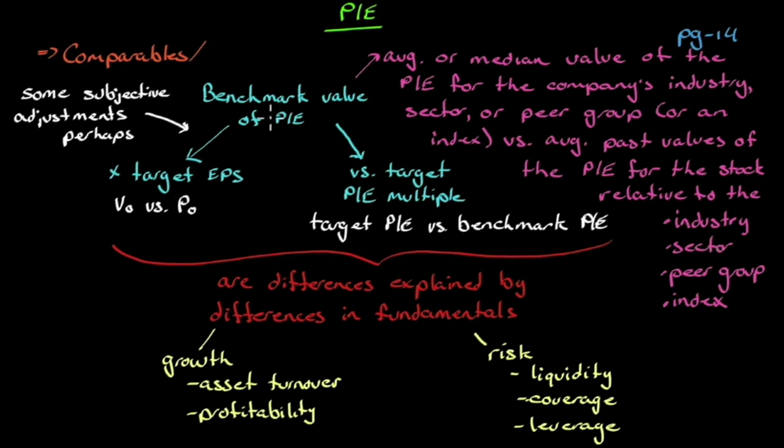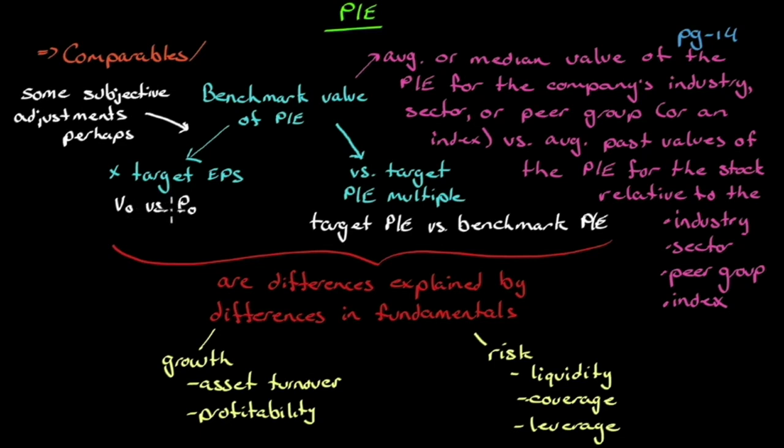So when we have the benchmark value of the PE, we can take that benchmark value and multiply it by our target company's EPS. And we might have some subjective adjustments to the PE, to the target or the peer group PE that we get, or the industry or the sector PE. We can take that benchmark value, multiply by a target EPS to get an intrinsic value for the company, and we can compare that intrinsic value versus the actual price.